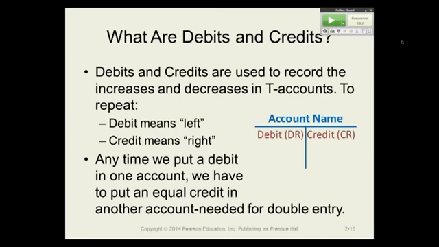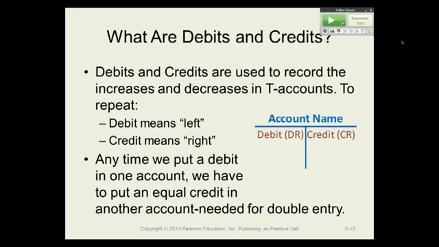Now, if you look at just any account, whatever account this may be, if you enter a transaction, let's say this is transaction 1 on the debit side, and you enter transaction 2 on the credit side, the larger side, again, we would say that this has a debit balance.